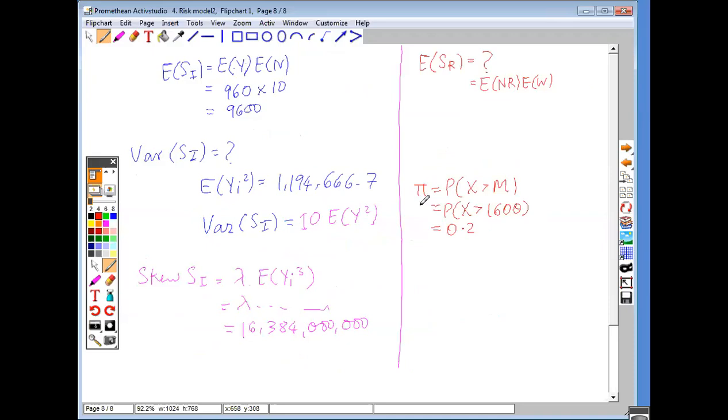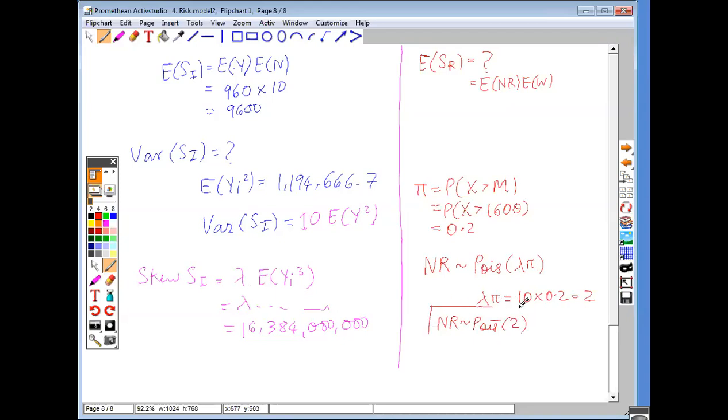Does this make some sense to you guys? So what will be my distribution for NR now? It will follow Poisson with the parameter lambda pi, right? And lambda pi is what? Lambda is 10, and my pi is 0.2, so it comes out to be 2. So I know that my NR follows Poisson distribution with the parameter 2.